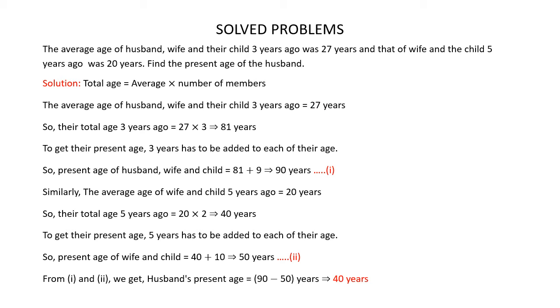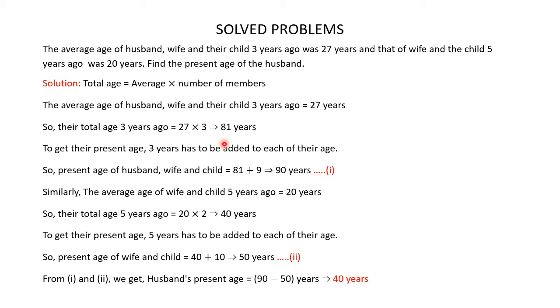So their total age 3 years ago is equal to their average age 3 years ago multiplied by the number of members, which is 3 here. So 27 multiplied by 3 is 81 years. So the total age of the husband, wife and their child 3 years ago was 81 years.